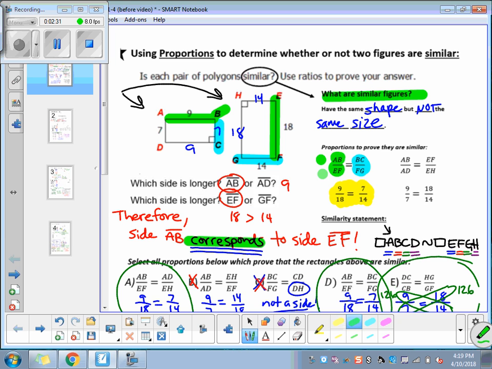Now over here, what we've got is green side AB, but what we can now do is compare that to side AD. We can then say EF in the other shape matches up with EH right there.